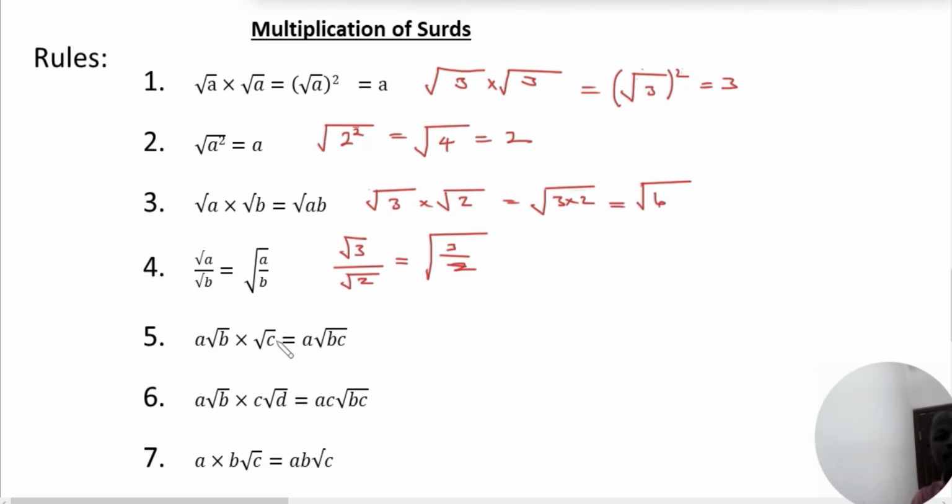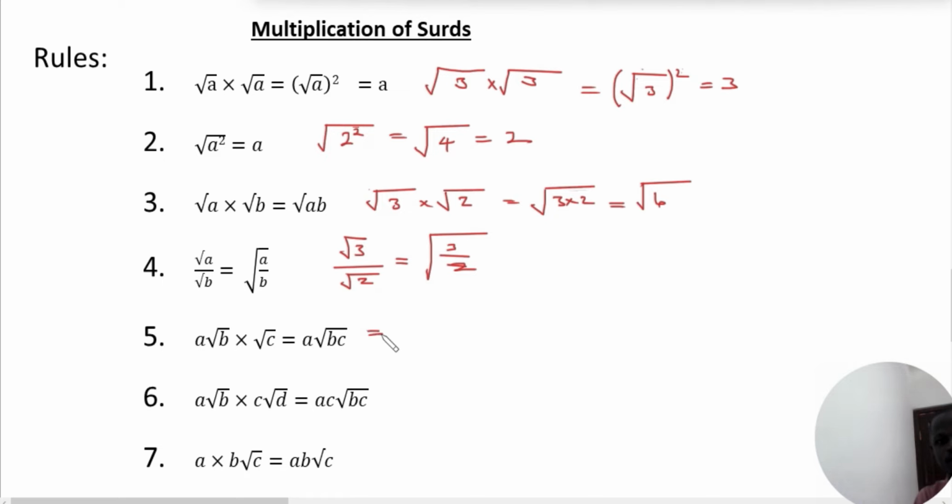Again, let's illustrate. We have a times root of b times root c is equal to a, root of bc. Here there's nothing in front of the first root, so this is a times 1, and then root b times root c is root bc. So let's illustrate this fifth rule.